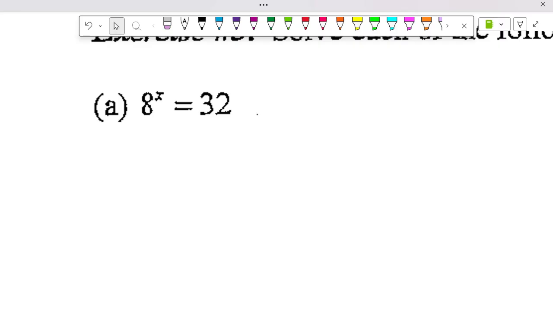All right, so look at your power chart for letter A. Take a minute, don't say anything yet, but see if you can figure out which base we're going to change 8 and 32 to.